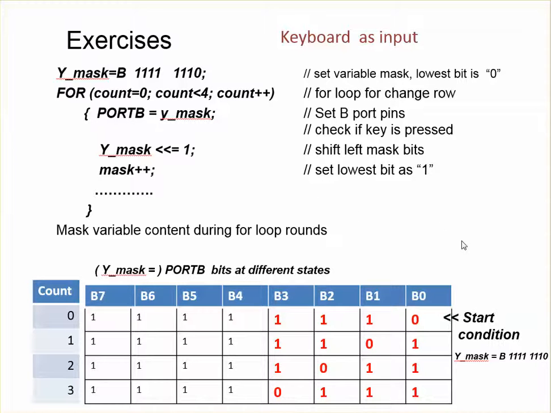When we shift it to the left side, there will be a 0 bit coming to the lowest bit, and we have to correct that by putting the lowest bit to 1. So now with this simple code example we are able to generate this kind of stages and get this bit combination to be outputted to the board.